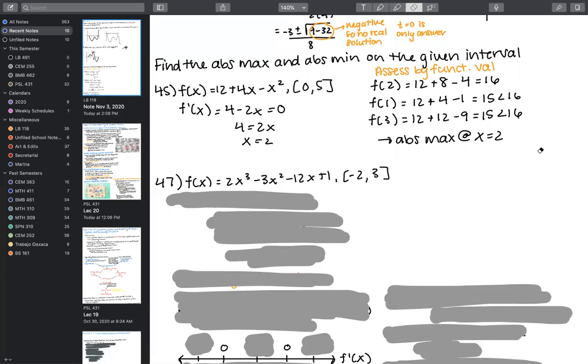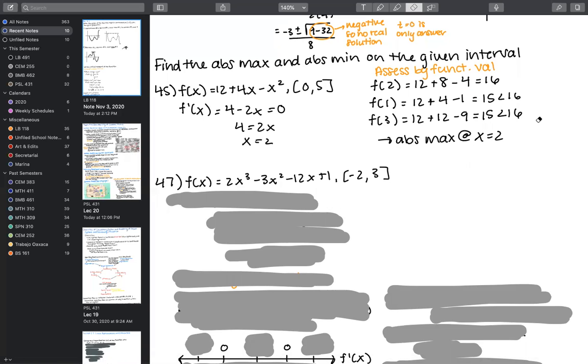Now we are going to assess using the first derivative, thinking about whether or not the function is increasing or decreasing, which will give us the same sort of visual, but it's different in terms of the symbolism that we're going to use. Going forward, we're going to use this method a lot more often, but I thought that this was a good stepping stone to help conceptualize.